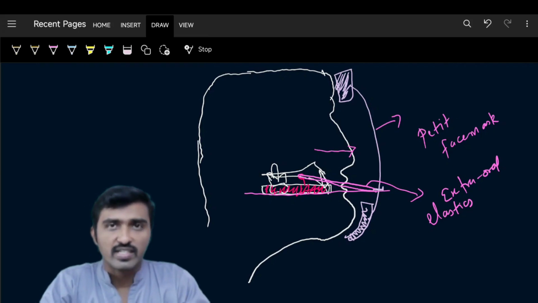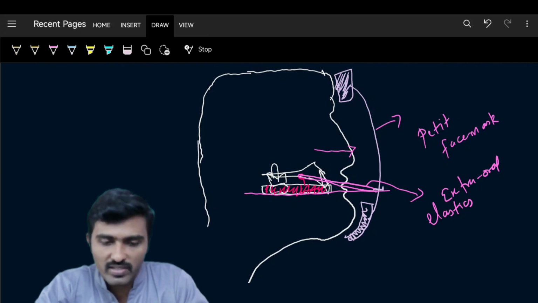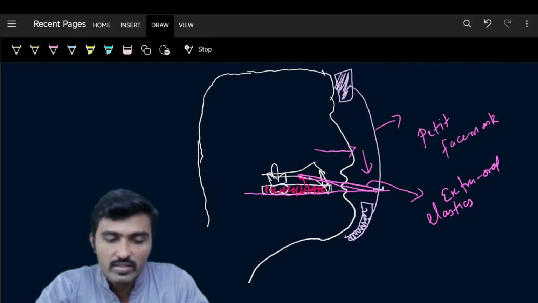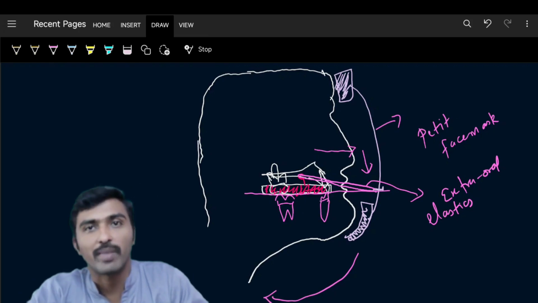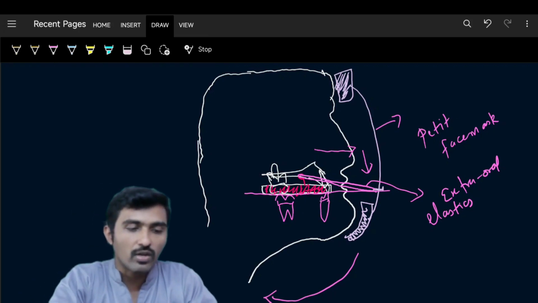When we pull the maxilla forward and a little downward, the mandibular teeth experience a downward force, and that will cause downward and backward rotation of the mandible, or rather clockwise rotation of the mandible.